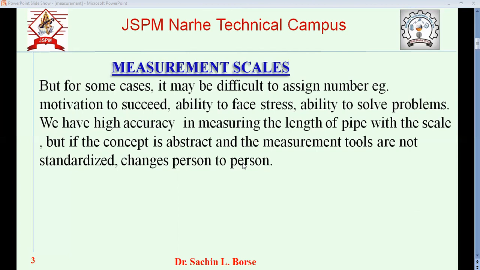But if the concept is abstract, measurement tools are not standardized and change from person to person, from country to country. Please understand here that when we measure an abstract concept, the scale is not well defined, not well accepted. It will change from person to person. In physical sciences and engineering science, the scales are mostly developed, but not in social science and psychology.